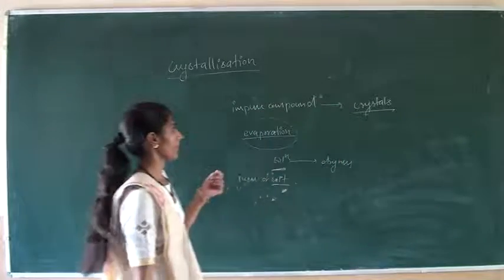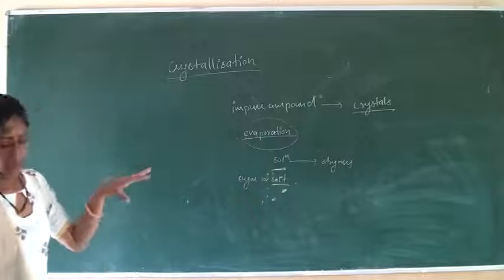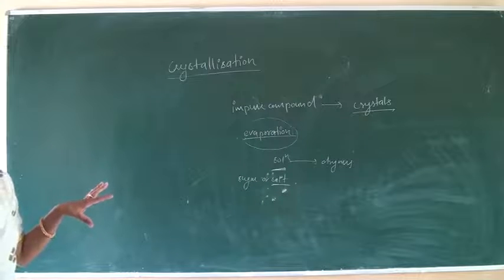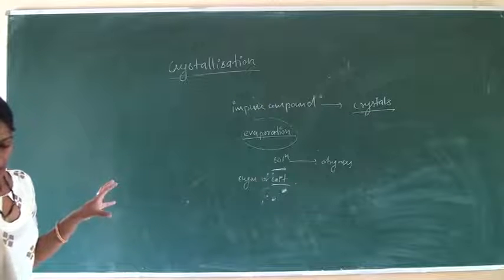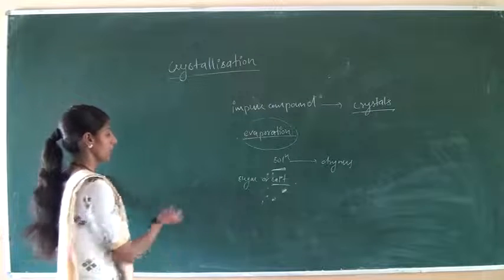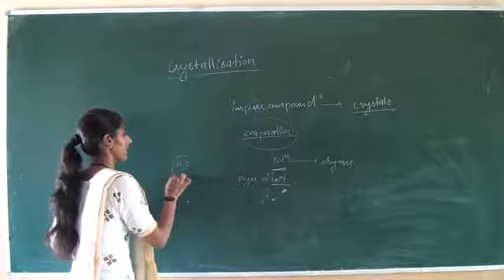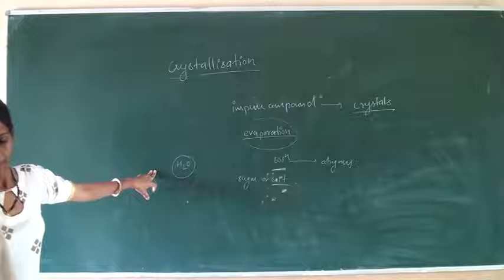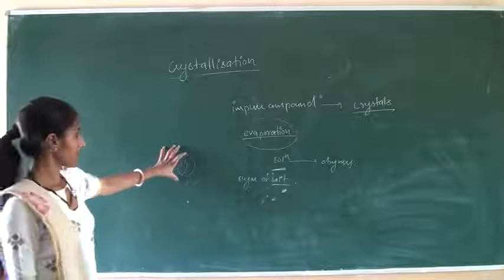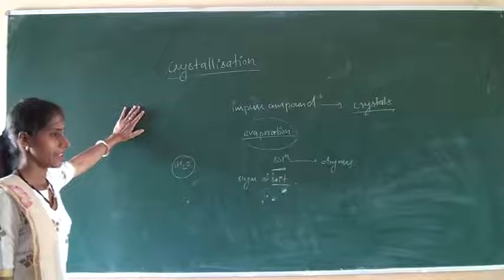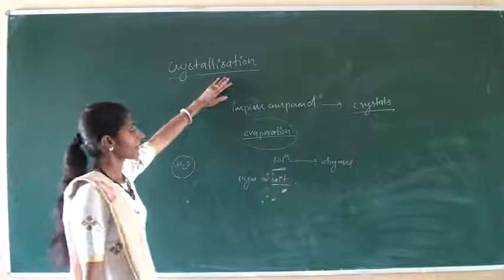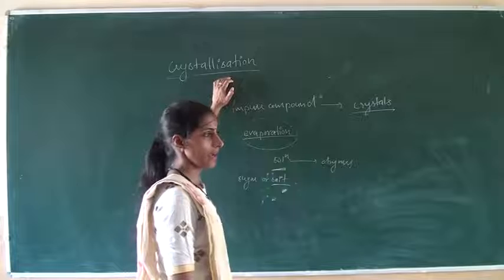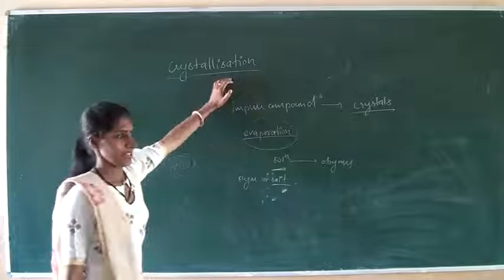In this method, an impure compound is converted into crystals. This impure compound is first dissolved in water and we prepare a solution. After preparing the solution, we heat the content, and after heating for some time, we cool it for some time and filter it.